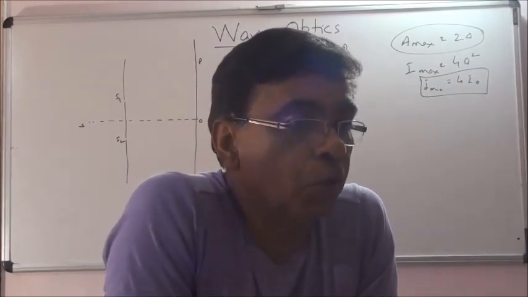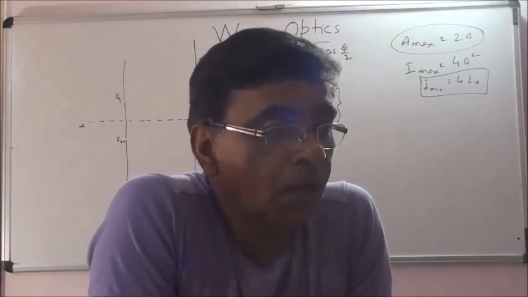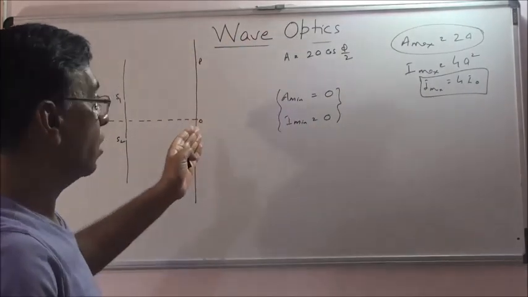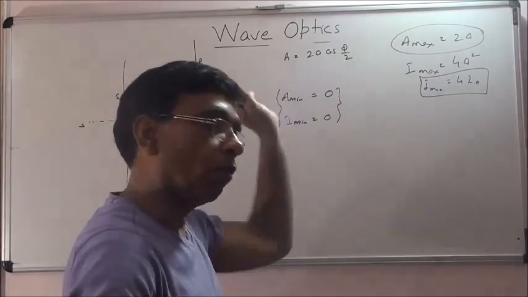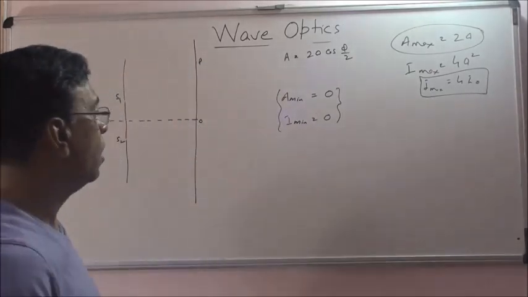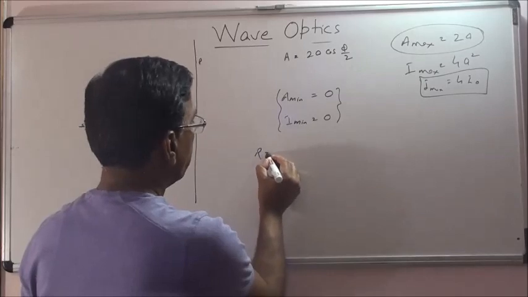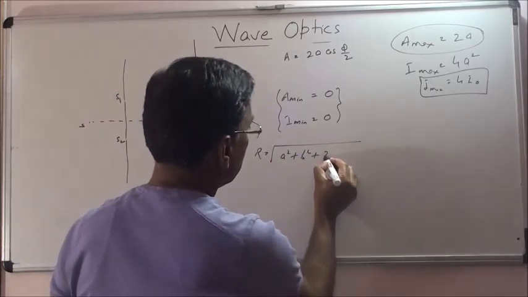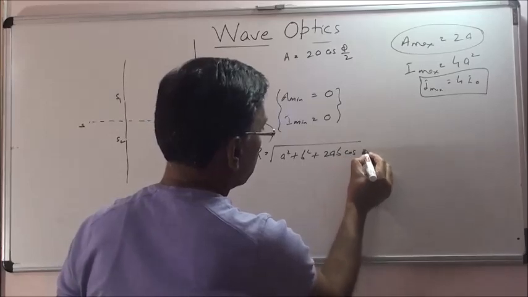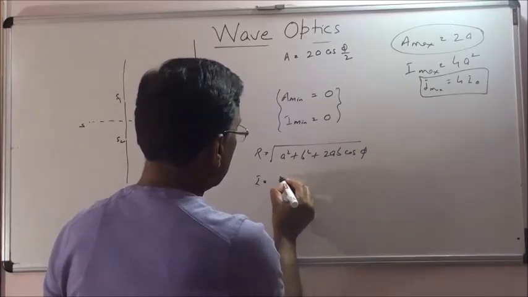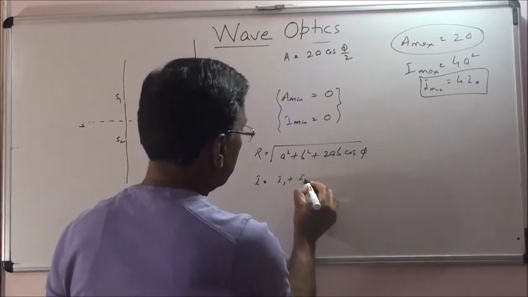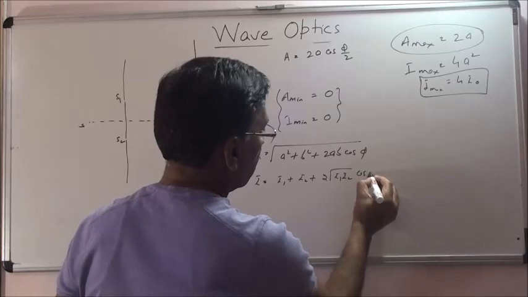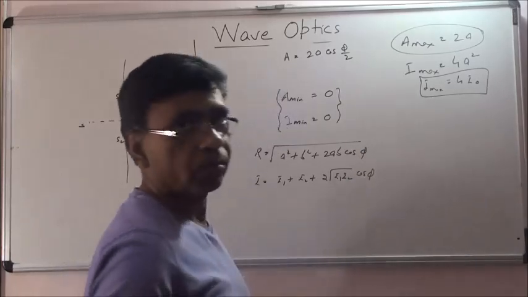For different amplitudes, we can derive again: A sin omega t, and here I can write B cos omega t plus phi, then you can derive the entire expression again. I can give you the final result if you want. The intensity will then be I1 plus I2 plus 2 root I1 I2 cos phi.